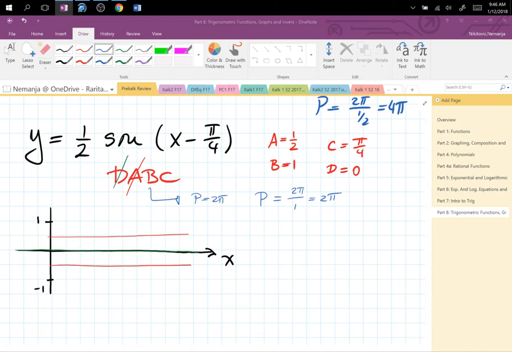What did change is C. And to calculate your start point, you will take x minus pi over 4 and set it equal to 0. And you get that x is pi over 4.